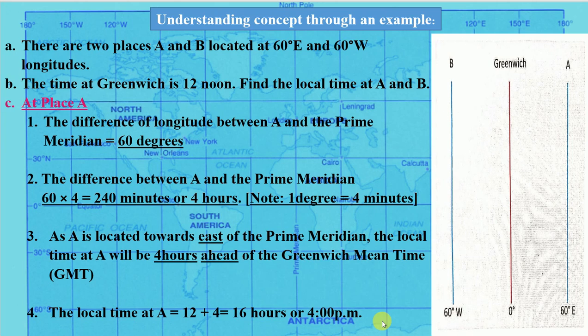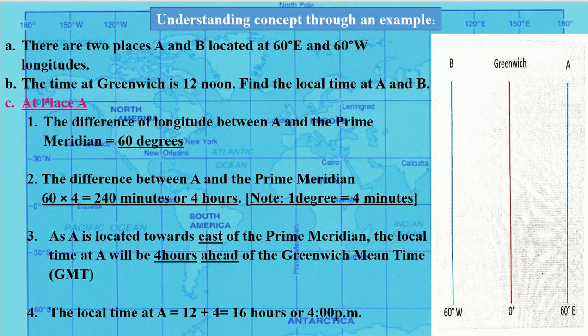So 60 degrees is equal to 60 into 4, that is 240 minutes, because 1 degree is covered in 4 minutes. That is 4 hours. This shows that there is a time difference of 4 hours between place A and the prime meridian.